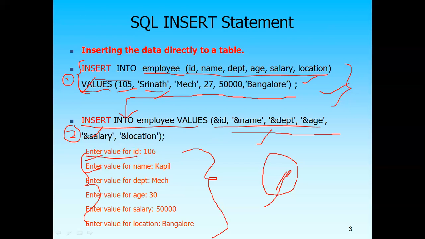After executing this command, this message will appear on the screen, and this value will be passed by the user. Again, this value will be passed by the user. So you need to enter these values only. Then after giving the last value, the complete record will be inserted into the table.